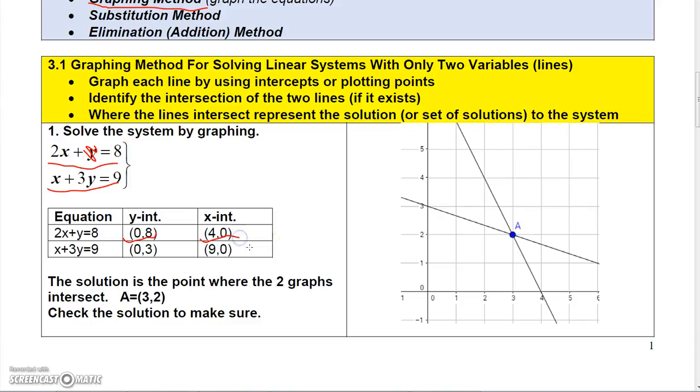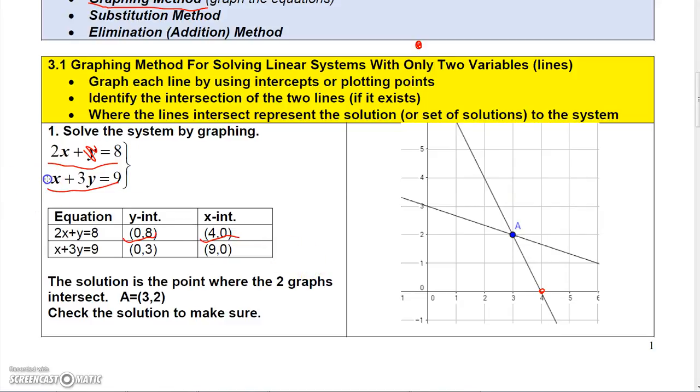So you would get (4, 0) for the x-intercept. So this line goes through (0, 8), which would be up here somewhere. It's off the graph. So (0, 8) is up here, and then (4, 0) would be right here, and then you just take your ruler and draw a line through that.